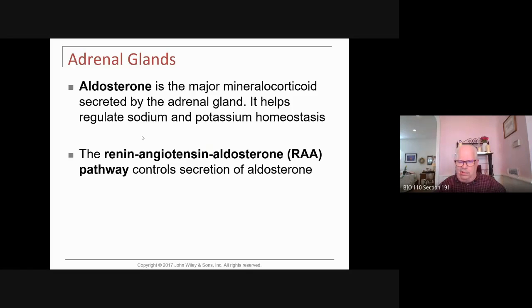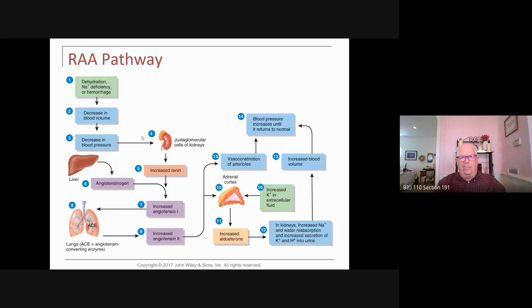Aldosterone is also in the RAS system. Here it is again. The renin-angiotensin-aldosterone system, which controls the release of aldosterone. Very, very important. I'm going to ask you more questions on the renin-angiotensin-aldosterone pathway.